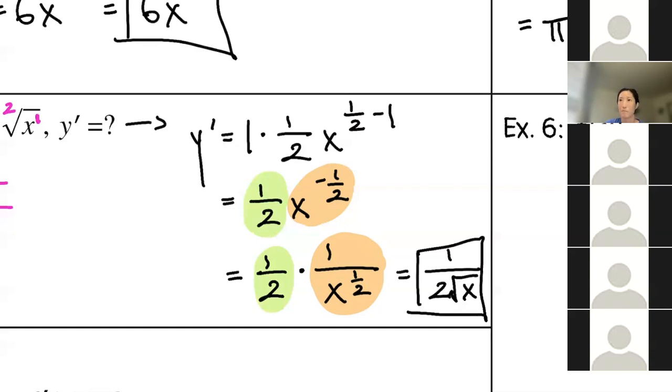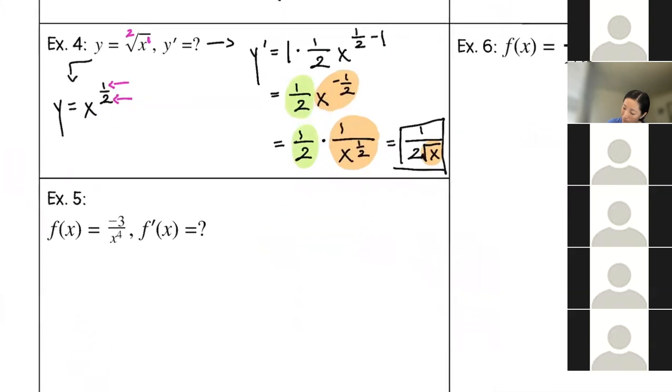Yeah, there we go. Okay, and then the last step, this square root of x on the bottom is the same as 1/x to the 1/2. Yes, yes, Luca. And if the negative exponent is in the denominator, it goes up to the numerator. Exactly, exactly. Okay.